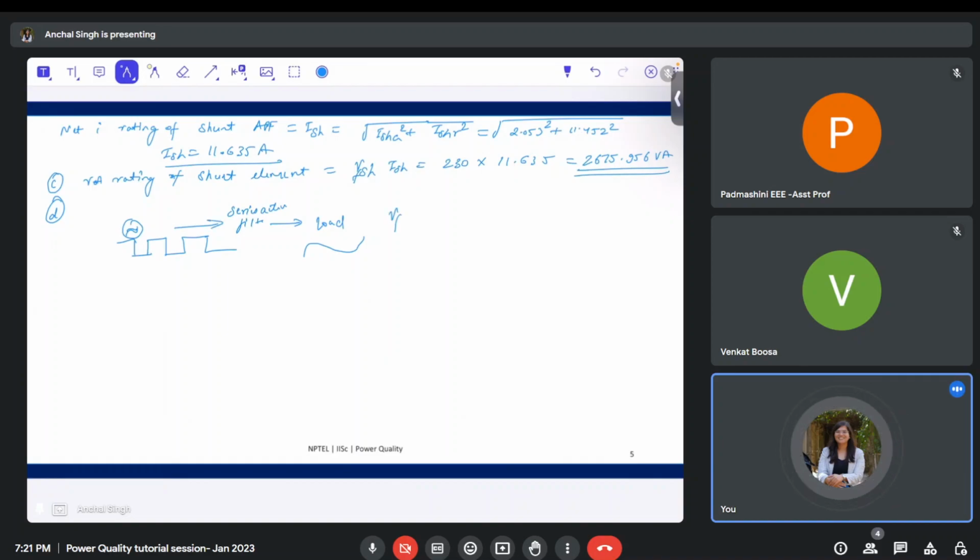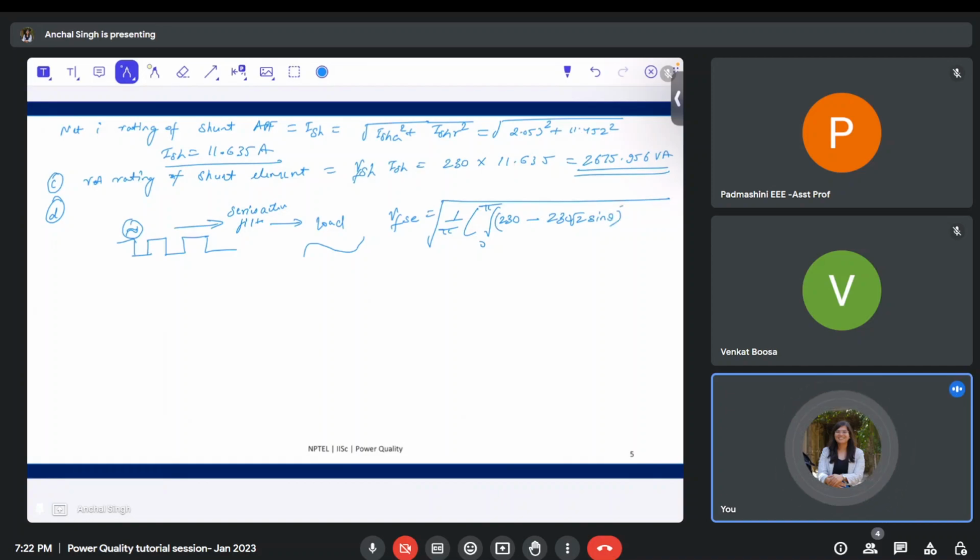We know that the VF rating of the series active filter, let me call it VF series, because we have already used VF shunt, will be given as the difference, let us consider over the pi interval of duration. The RMS value of the square wave is 230 only, right? So it will be 230, and since it's a sine wave, into sine theta.